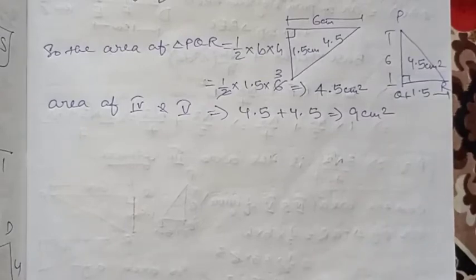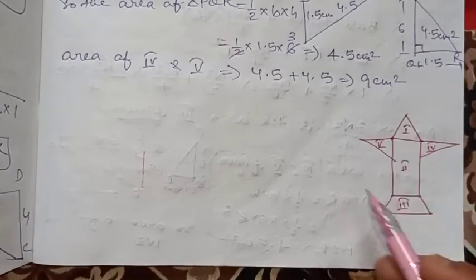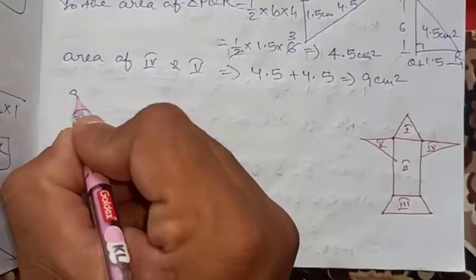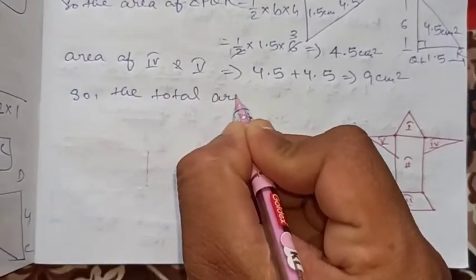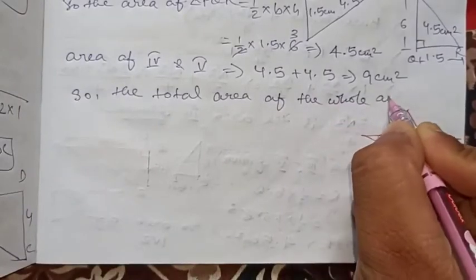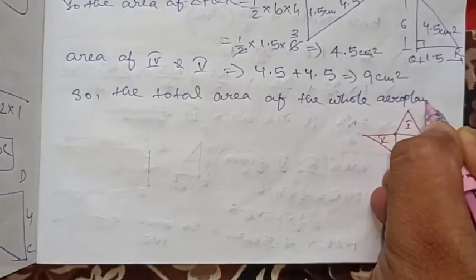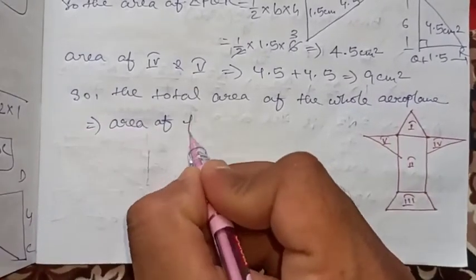Okay, so now we will get the area of the whole aeroplane. So I have just drawn a rough diagram for you so that you will be able to understand what is the total area. So the total area of the whole aeroplane is area of figure.